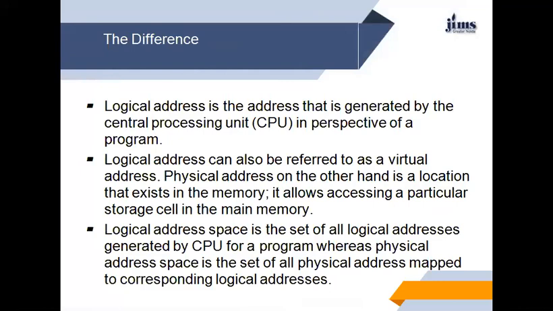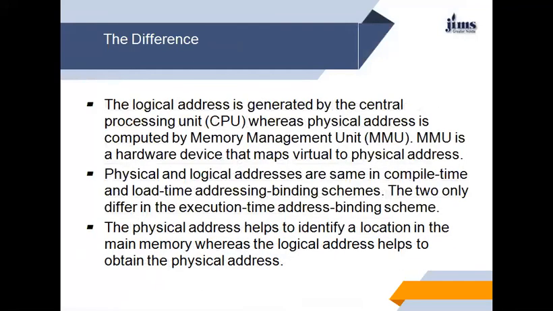The logical address space is the set of all logical addresses generated by the CPU for a program, whereas the physical address space is the set of all physical addresses mapped to the corresponding memory area. The logical address is generated by the CPU, whereas the physical address is computed by the memory management unit. The MMU is a hardware device that maps virtual to physical address.